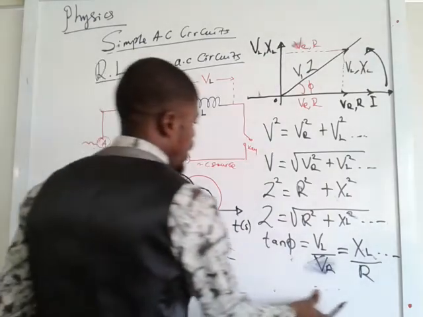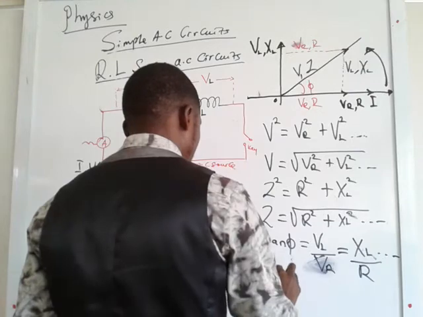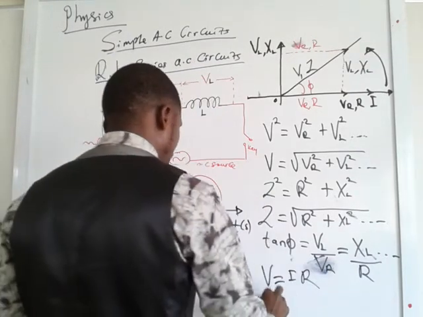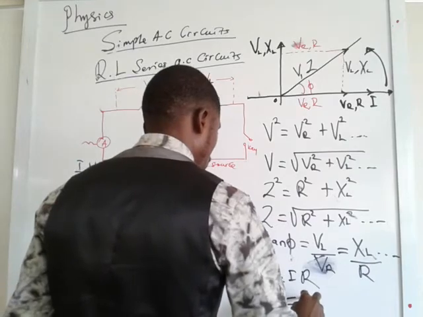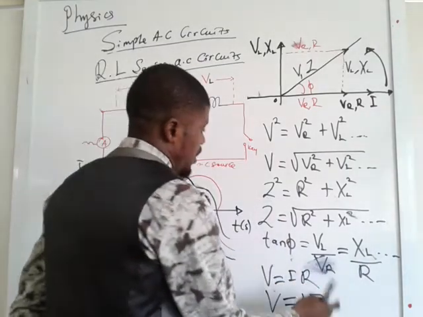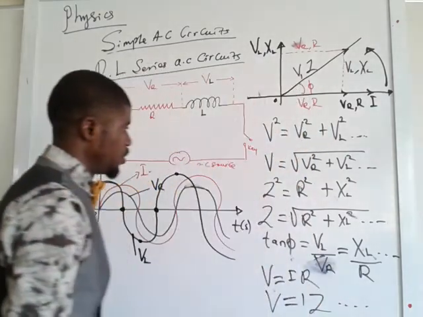And then the entire current in the whole circuit is given from Ohm's law. V is equal to IR. We write that V is equal to IZ, because Z is the effective resistance in the circuit. So you can also name that equation.